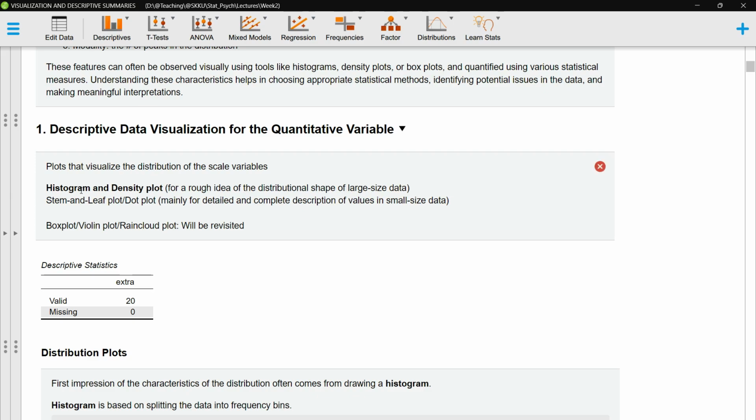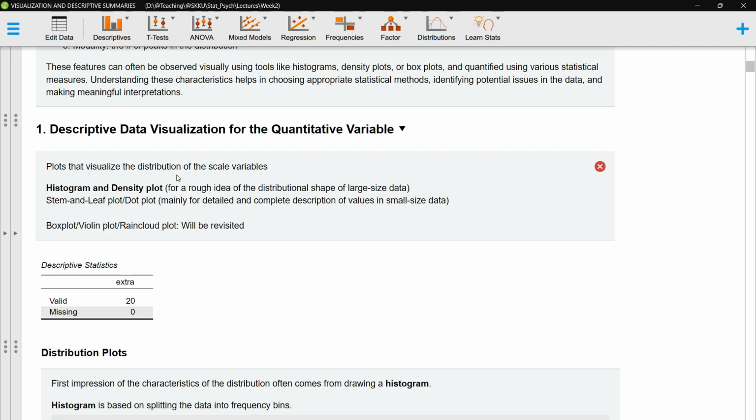The histogram and the density plot are the two most widely used, the popular ones, and these two plots provide us some rough idea of the distributional shape, especially for large size data. These are pretty much the summarization of the distribution in a simple format.